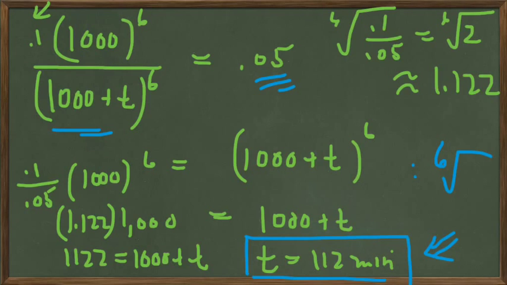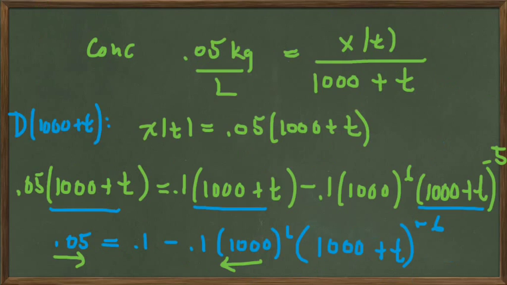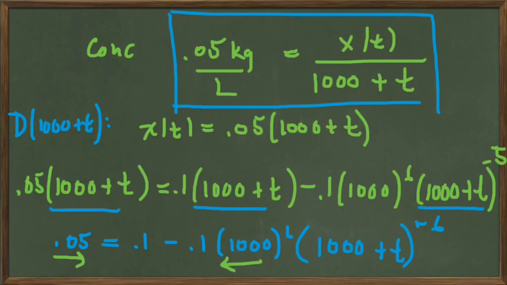One more thing on both examples: when we're given that concentration we're trying to find at some future time t, we need to make sure that we set that equal to the concentration. That given concentration is not x of t, it's x of t divided by the amount of fluid in the tank.